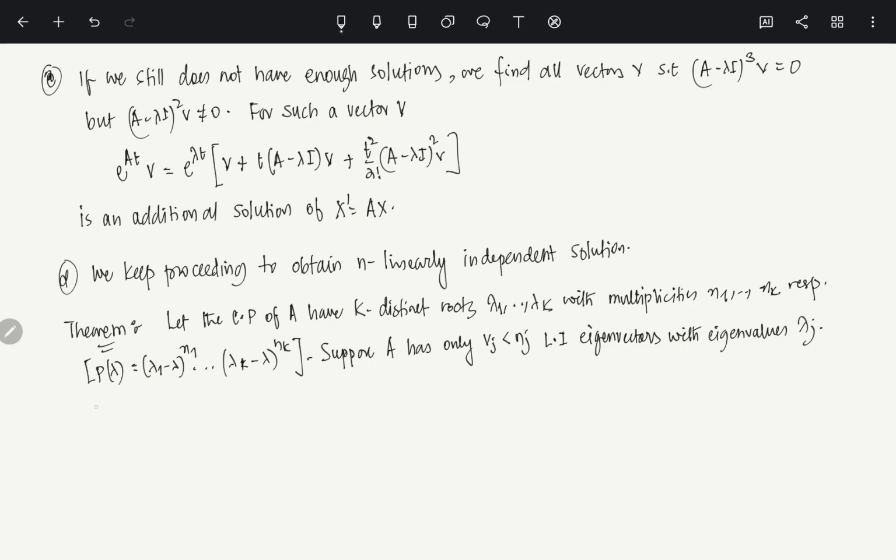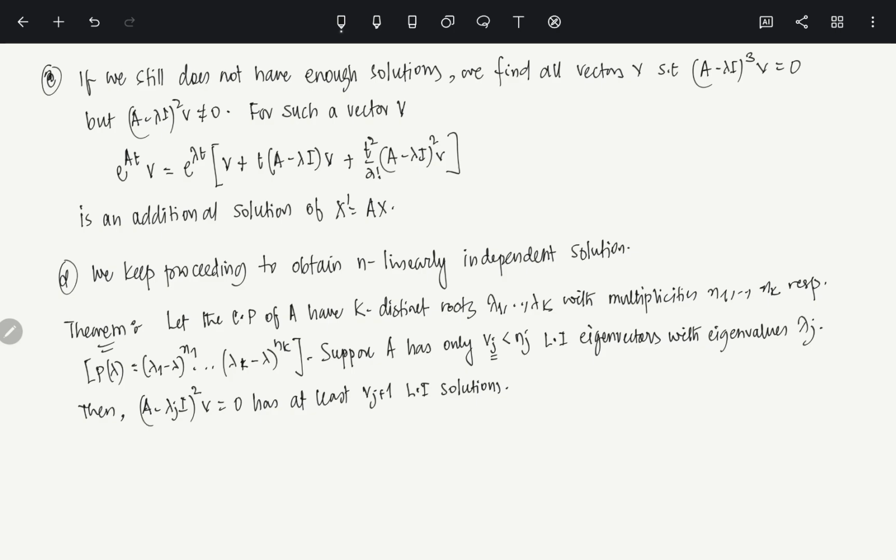Then what we can say is that the equation (A minus lambda j I) squared v equals 0 has at least vj plus 1 linearly independent solutions. Clear? I hope this is clear.